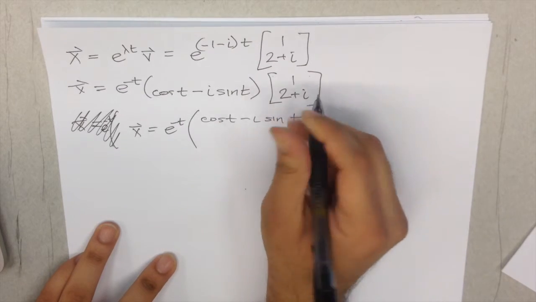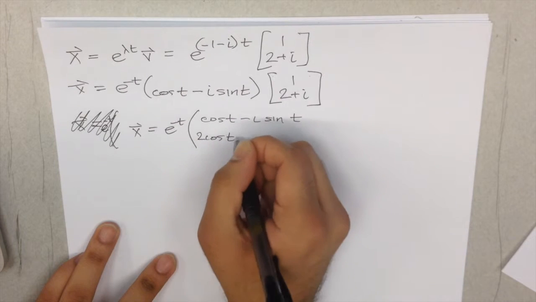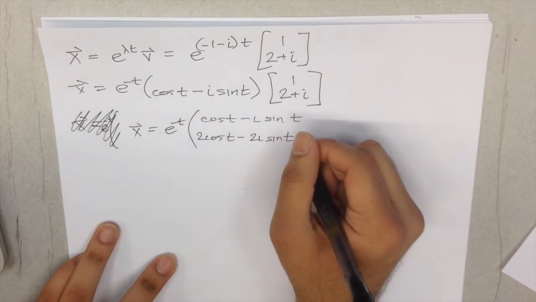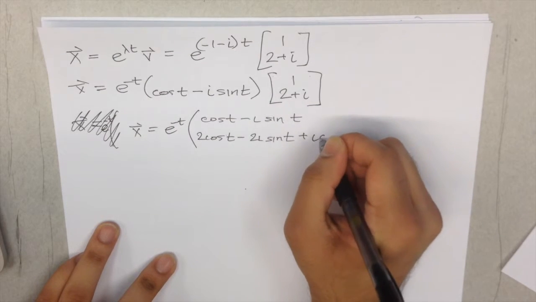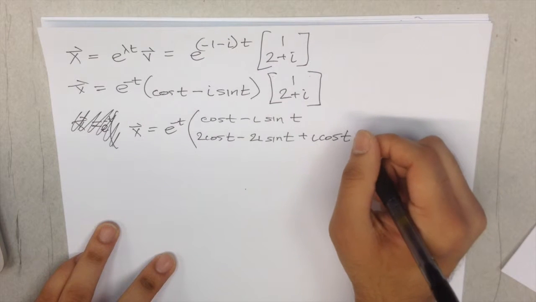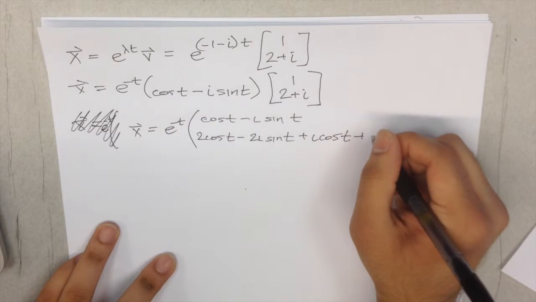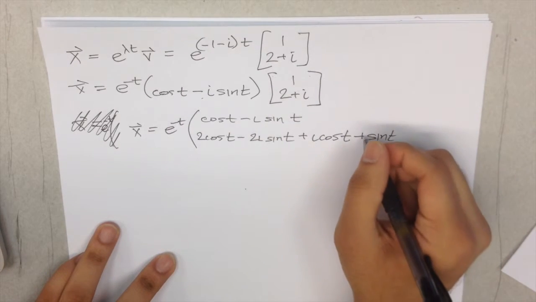That's the first entry. And then the second entry will be 2 cosine t minus 2I sine t plus I cosine t minus, actually plus sine t, because negative I times I is positive.